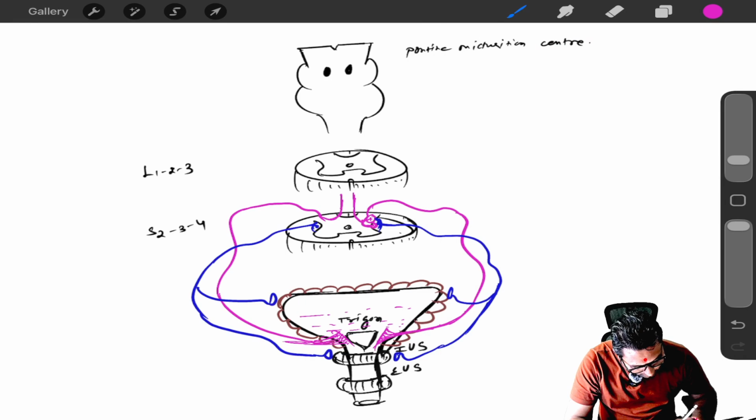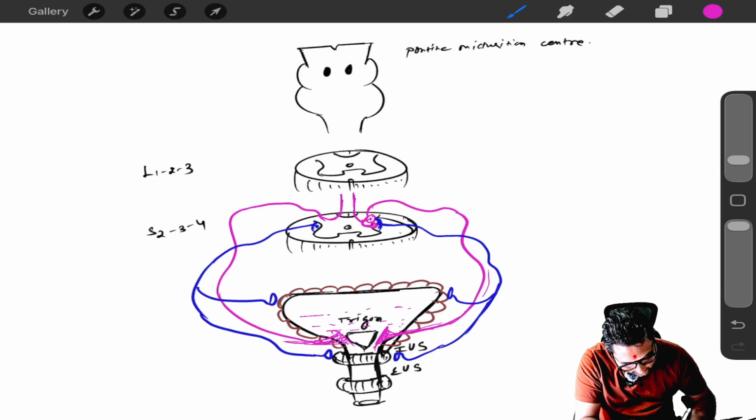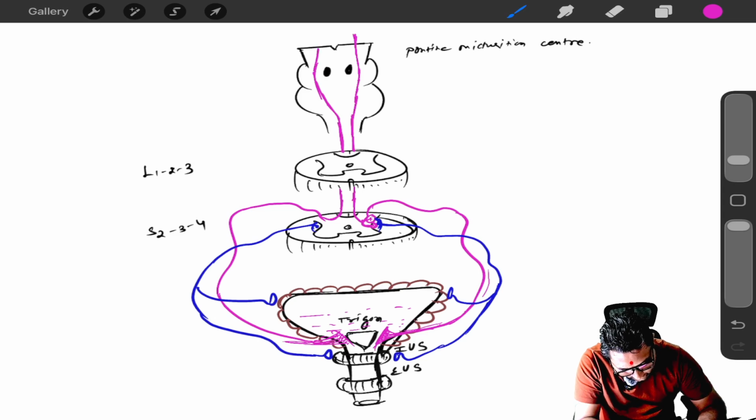So when the bladder is filled with urine and urine trickles down toward the trigone, the sensation from the sensory nerve endings is carried through sensory fibers which enter the sacral segment of the spinal cord and ascend upward through the posterior column, all the way through the medulla, pons and midbrain, and end up in the sensory cortex.